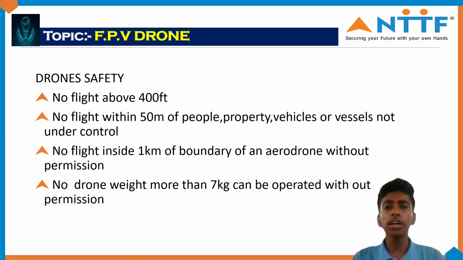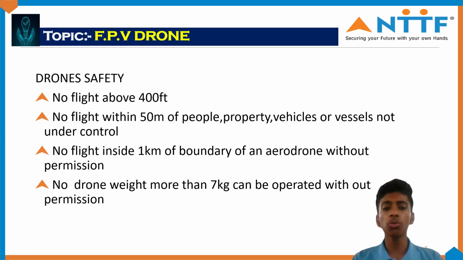It is one of the safety reasons, because at a particular time airplanes also take off from that runway, and if we fly our drone there, the two can collide with each other.